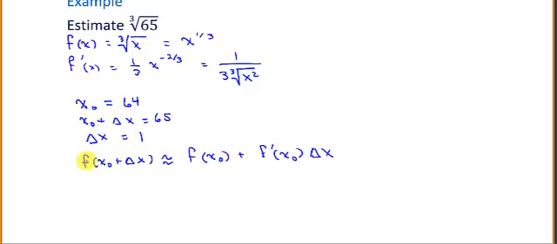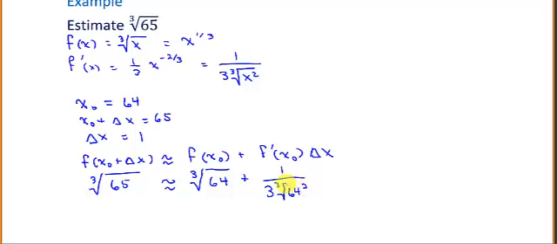And that would be f is the cube root of x0 plus delta x, which is 64 plus 1, 65, is approximately, f is the cube root of x, and x0 is 64, plus f prime, 1/3 times the cube root of x squared, that would be of 64 squared, times delta x, which is 1.